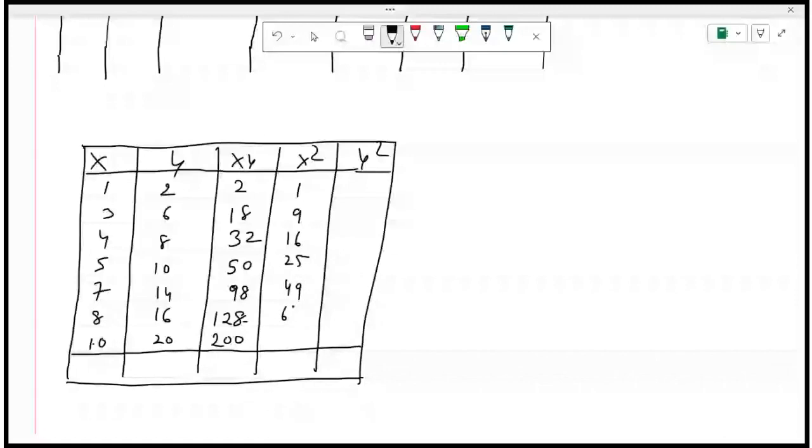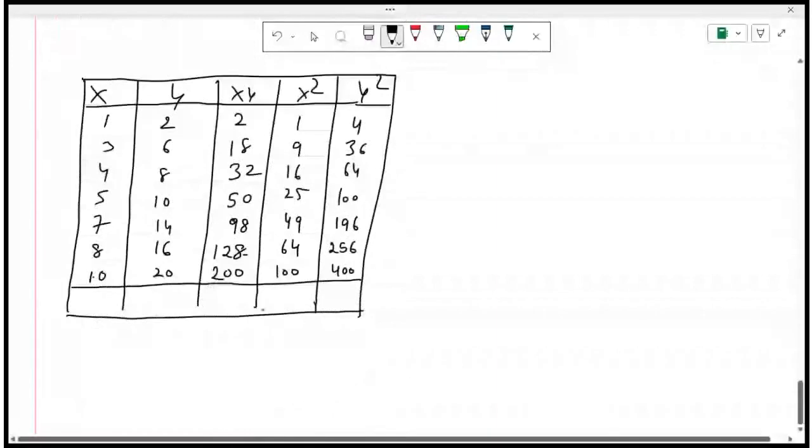And square of y: 4, 36, 64, 100, 14 square 196, 16 square 256, I guess, 20 square 400. So now we need to do the sum of all these values.